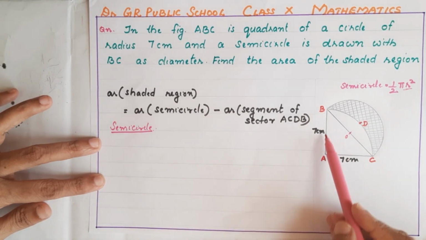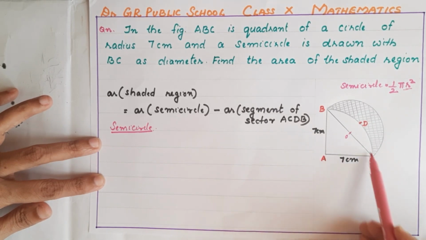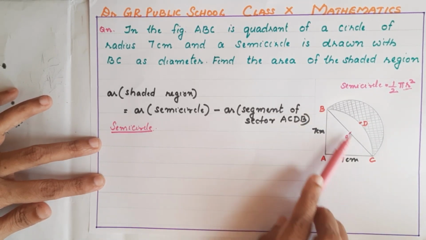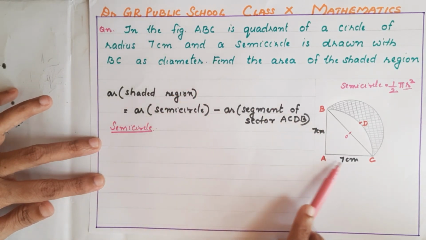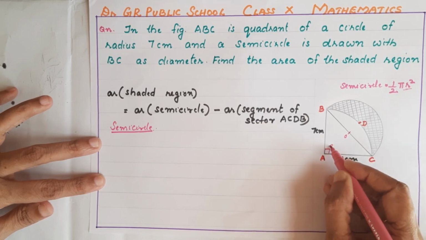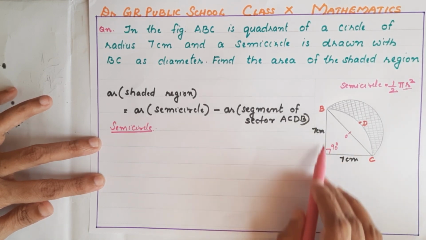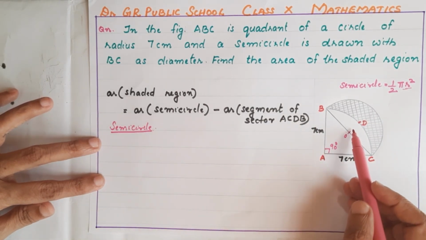See, when we consider this triangle BAC, BC is the hypotenuse, isn't it? Because ABC is a quadrant. Since it is a quadrant, this is 90 degree. So, BAC is a right triangle and BC is the hypotenuse. So, how will you get BC?